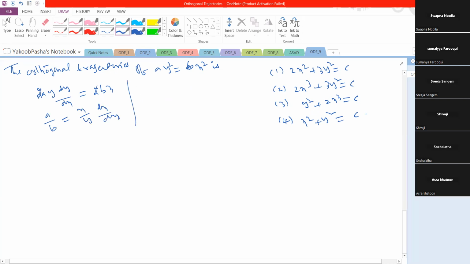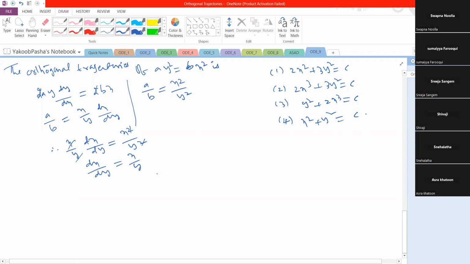And from the given equation, we can write a by b is equal to x square by y square. So equating the a by b values, we get x by y dx by dy is equal to x square by y square. So one x, one y is cancelled. So dx by dy is equal to x by y.